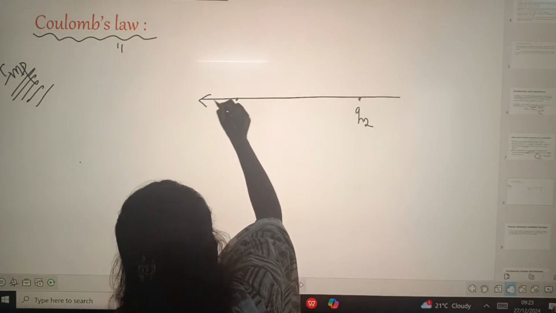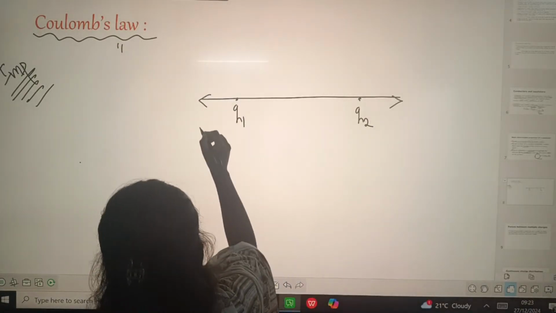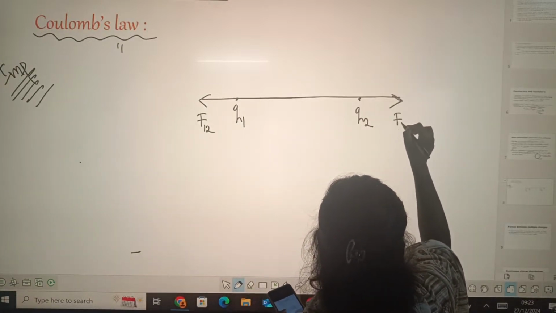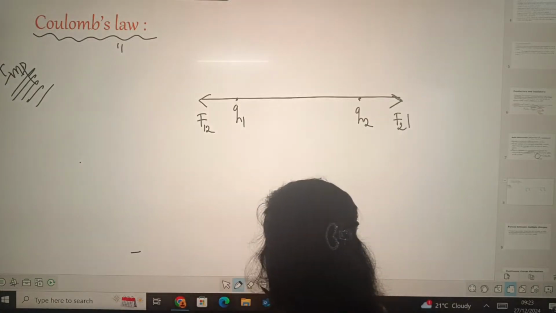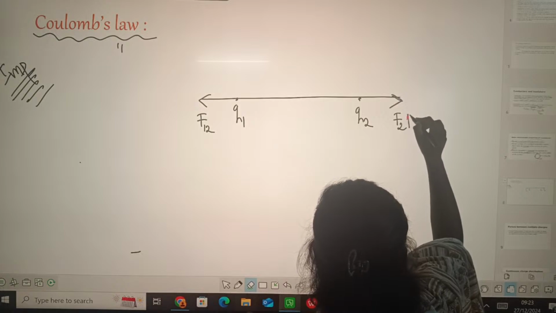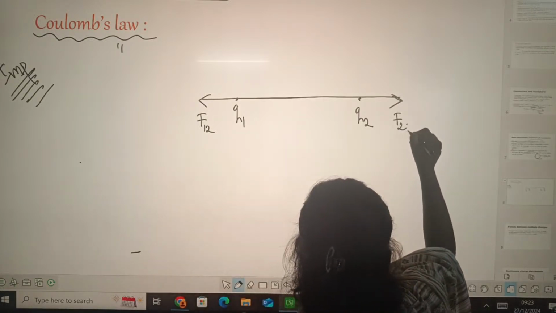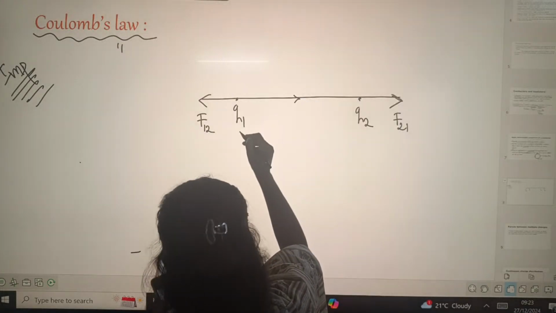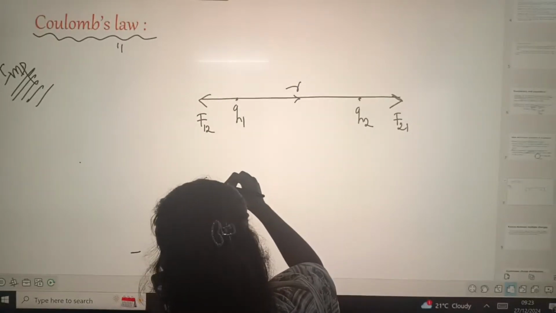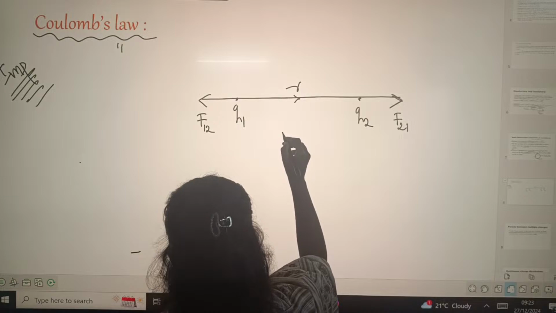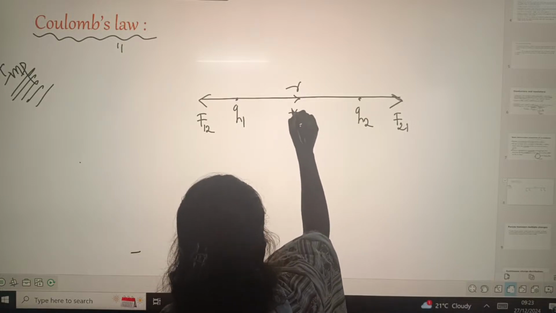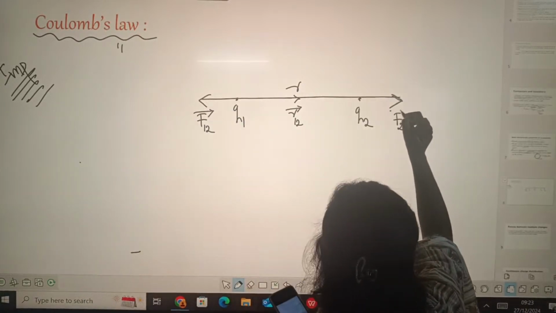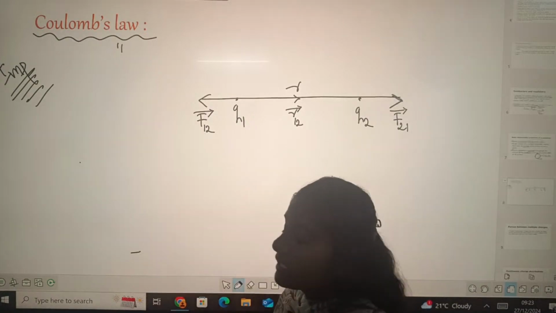The forces of attraction between these two charges are written as F12 and F21. The distance between the two charges is written as R, and in vector form it is written as R12 bar.